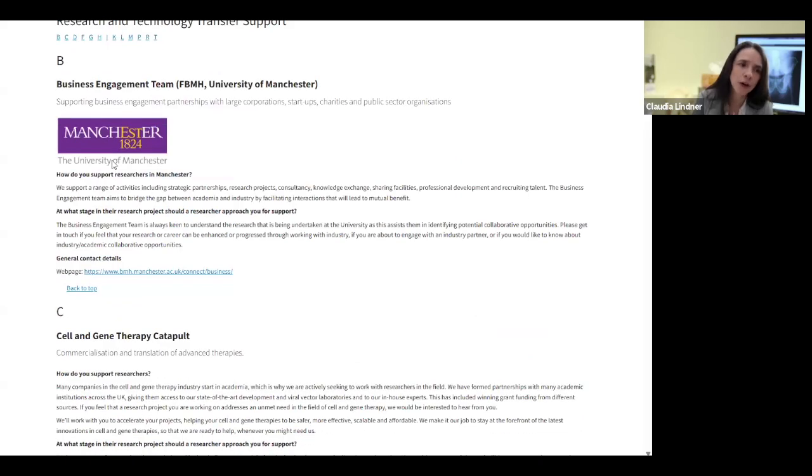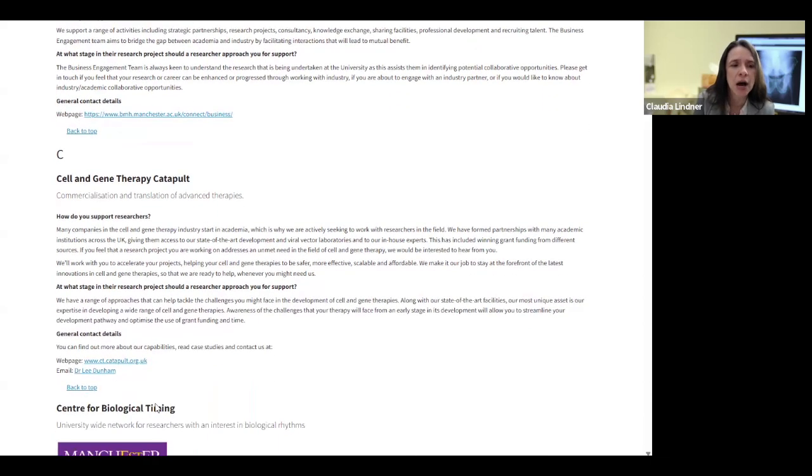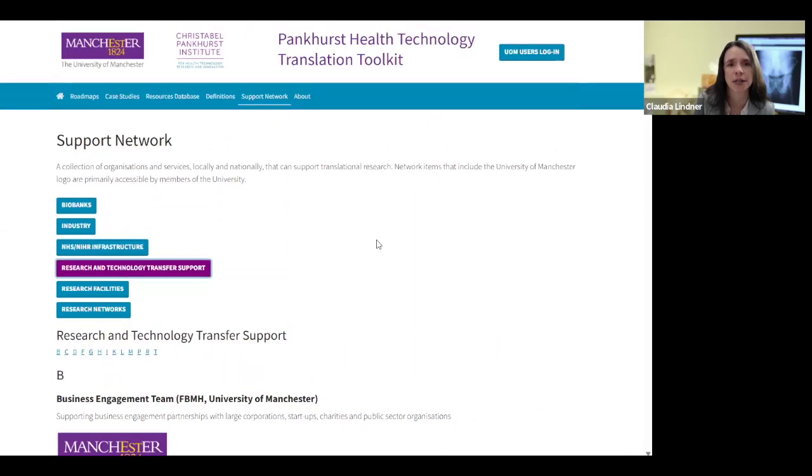If you're logged in, a lot of the University of Manchester items will have some hidden contact details, so you might actually get a name and a specific email address or even phone number of a person to contact. But even for the more general items, there are some contact details that we've provided in terms of how to approach us and who to contact to discuss potential support with regards to your activities.